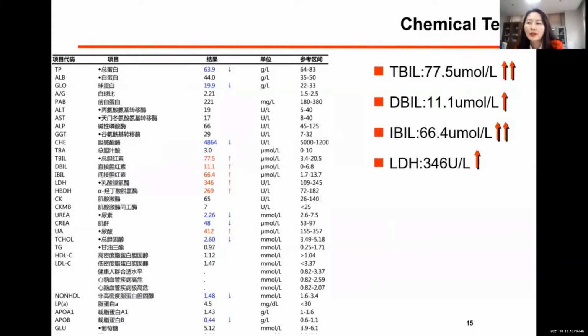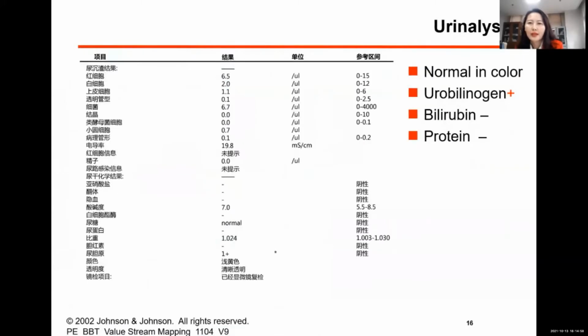His chemical results show total bilirubin and indirect bilirubin were moderately raised. LDH was increased. His urine is normal in color. Urinalysis shows no bilirubin, but urobilinogen is positive.